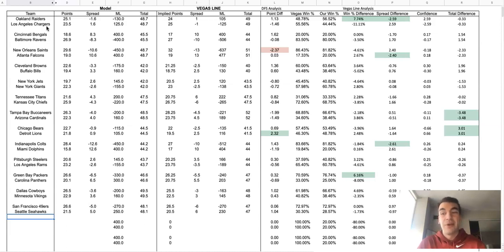Coming out of that, I think there is a large recency bias, thinking the Chargers are now picking up steam, which is possible. Anything is possible.